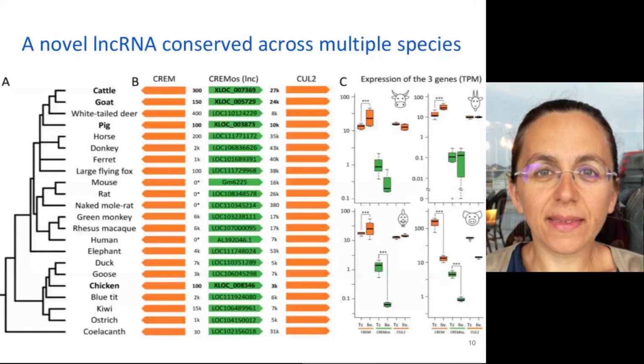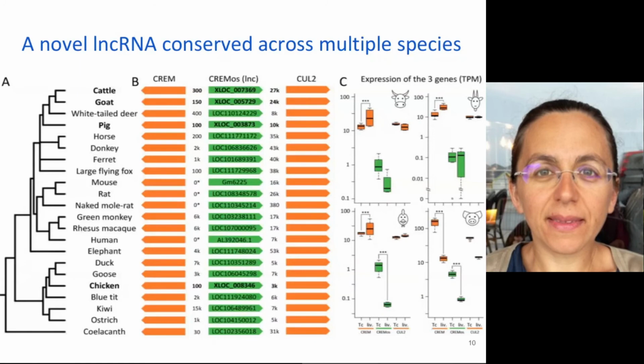And on the right, we have the expression of the 2 protein coding genes, and then in the middle, the expression of the long non-coding RNA. And usually, in most of the species, this long non-coding RNA is overexpressed in T cells compared to liver, but it's actually the other way around for the CREM gene. So it's quite interesting, this case. But we have other cases as well.